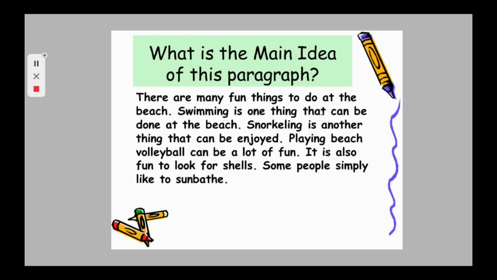The topic here is, of course, the beach. What is the most important thing, or what is this mostly about in the case of the beach? Oh, that there are many fun things that you can do. Good job. And then they can tell you what are three supporting details. Swimming, you can swim at the beach, you can snorkel, you can play volleyball, and so on.